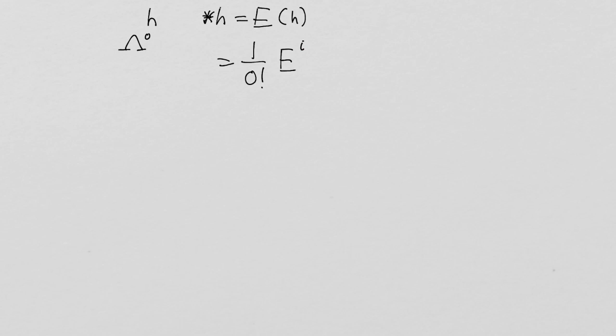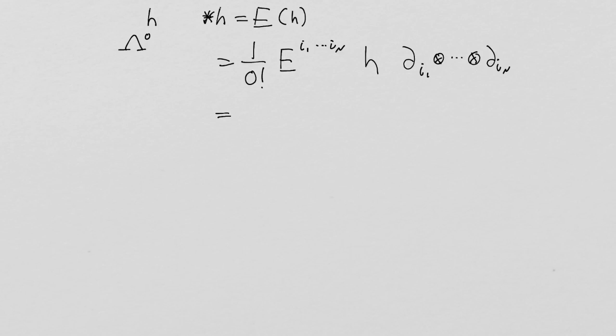So it's I1 through in, like that, and H has no subscripts, and then it is simply the I1 tensor product, partial IN, like that. So that just really returns the volume form.